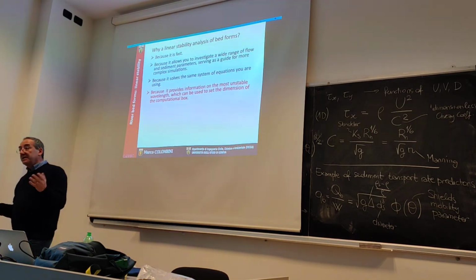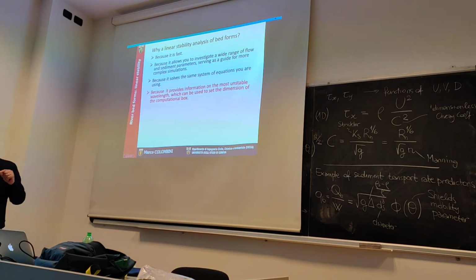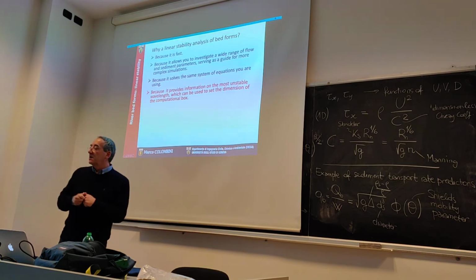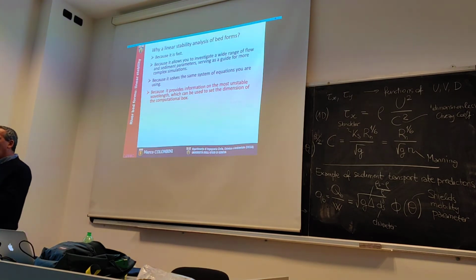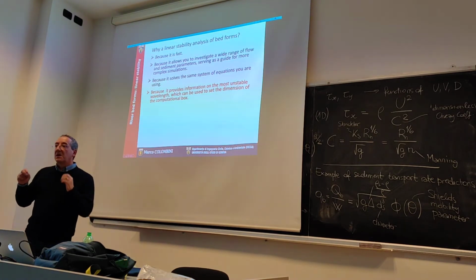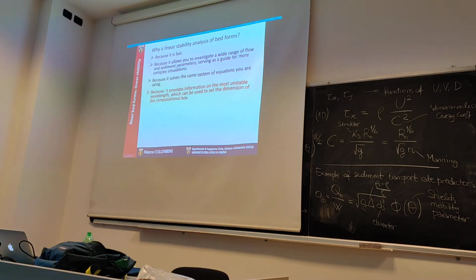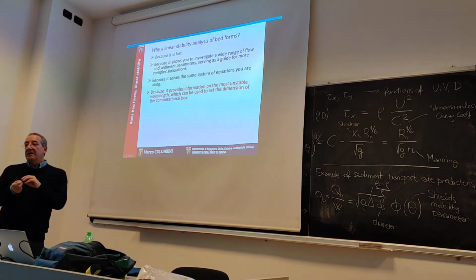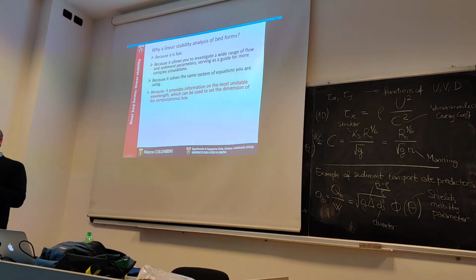The whole idea is that the perturbation which is the most unstable from the linear point of view will in some sense mark the evolution of the system. The system will choose that particular wavelength and just increase the amplitude using nonlinear effects to reach an equilibrium amplitude.